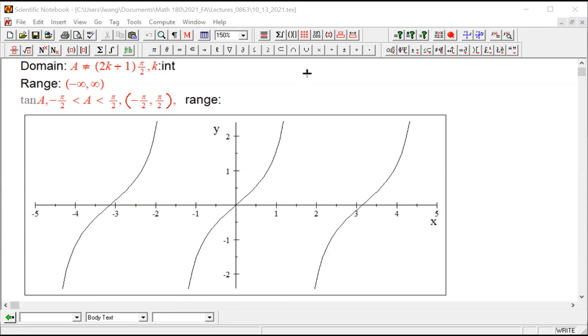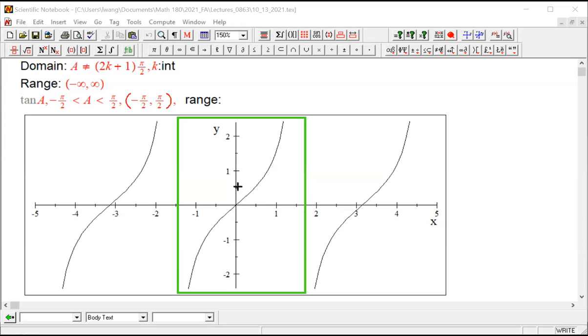Do you guys follow me? As we have chosen the slice in the middle, it's easy to identify the vertical span, from negative infinity to positive infinity.